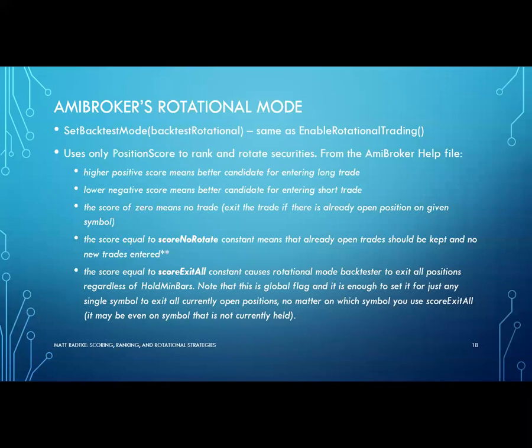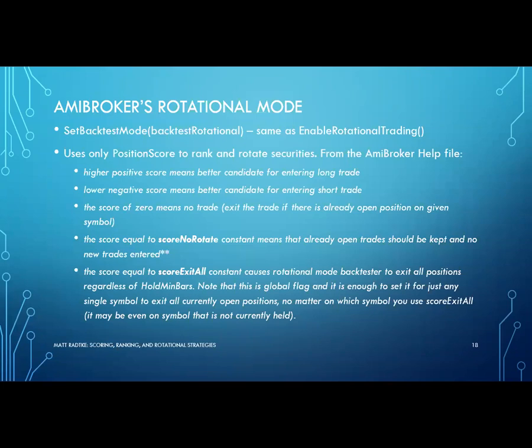So notice that that's a little bit different from scoring in general with AmiBroker, that it's always absolute value. You can use it to differentiate between long and short. A position score of 0 means that you don't want to trade that symbol on that bar, and that if there's already an open position in that symbol, it should be exited immediately.